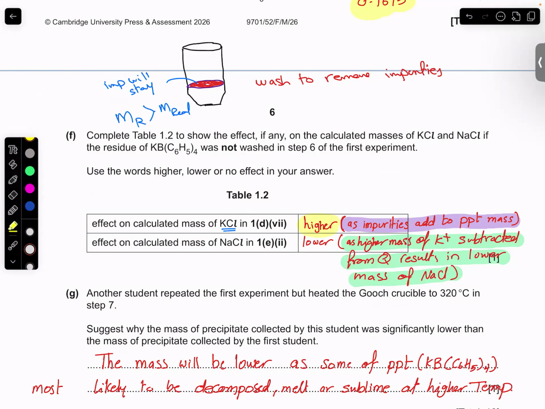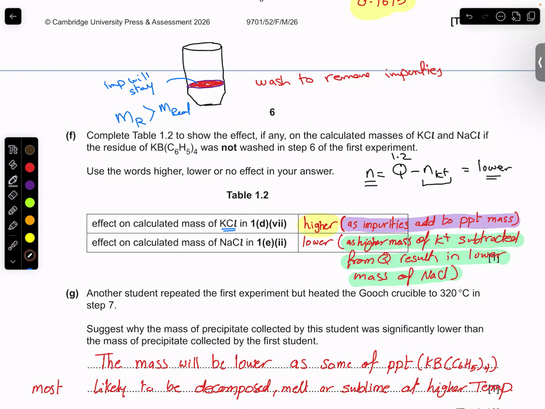Because of this, when we calculate the number of moles of NaCl, we said n equals Q minus the number of moles of K+, right? If the amount in moles of K+ is more than the actual one, Q is constant, so 0.015 minus a higher value will give a lower number of moles of NaCl.